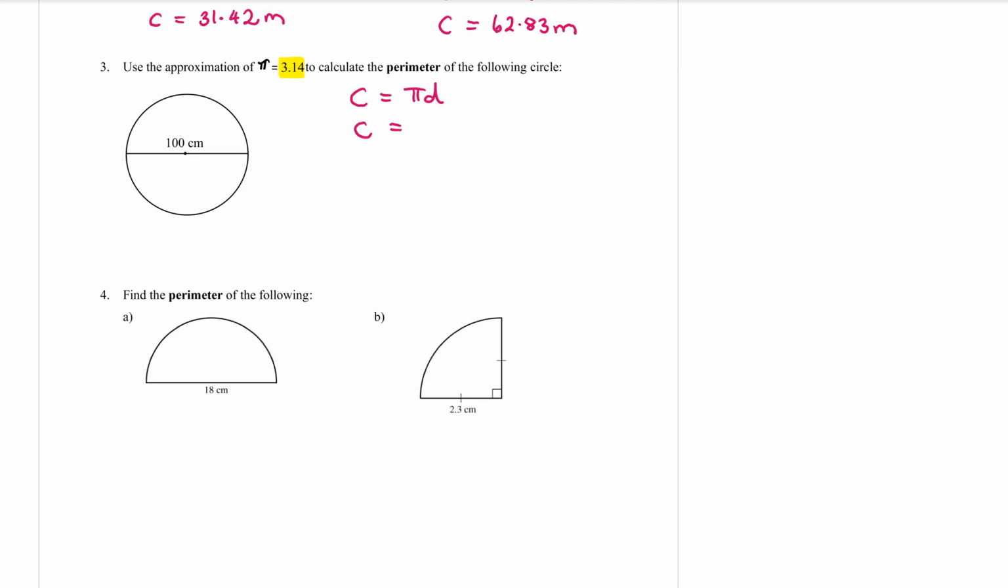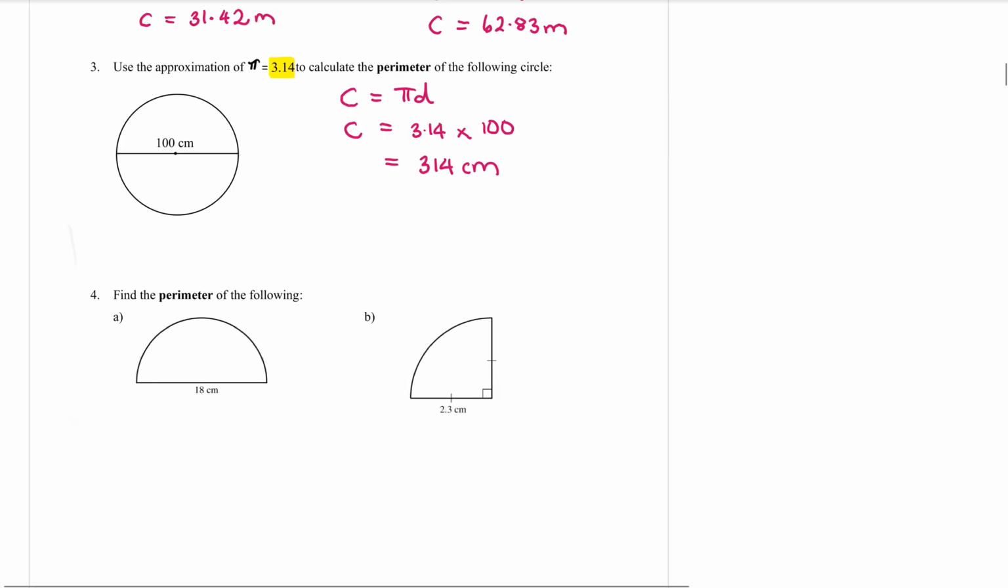I'm going to substitute that in as well. So pi is 3.14, and I times that by the diameter, which is 100. Okay, times that by 100 gives me 314 centimeters around that circle.